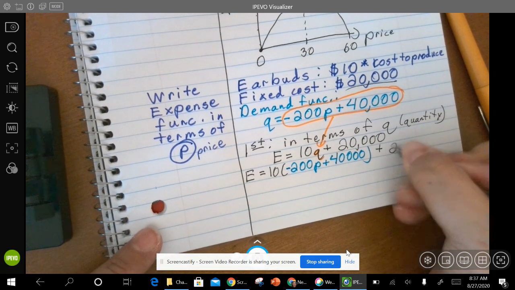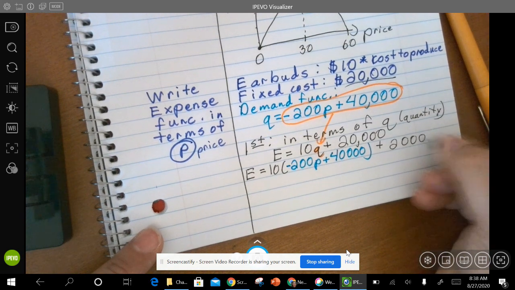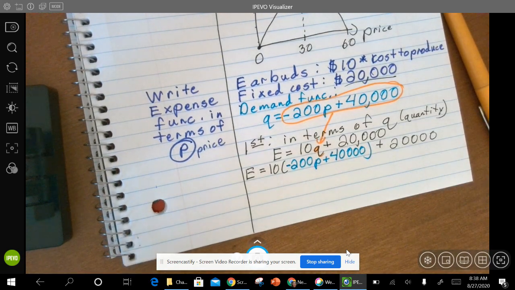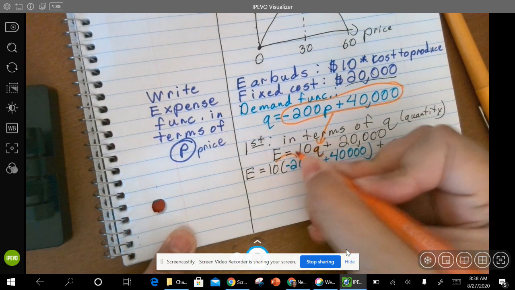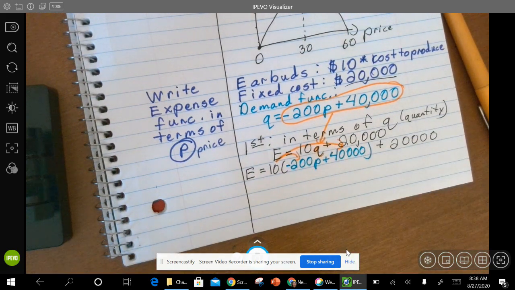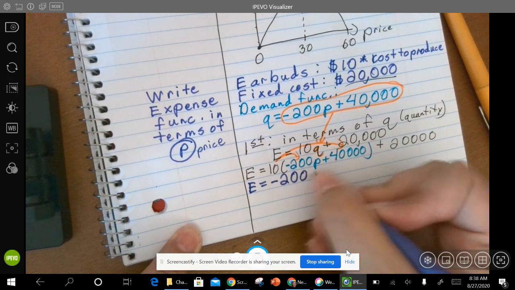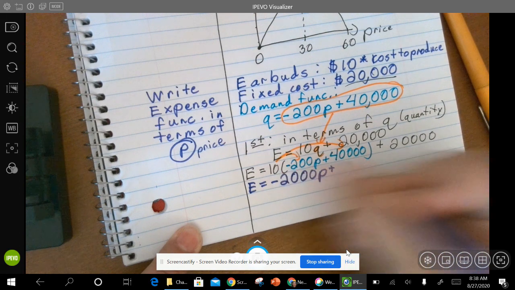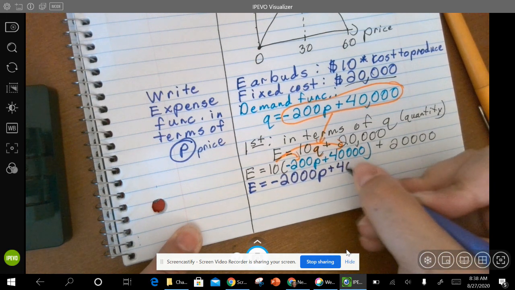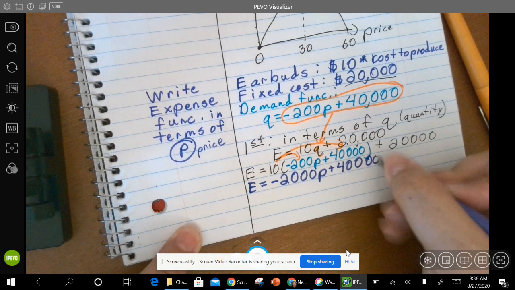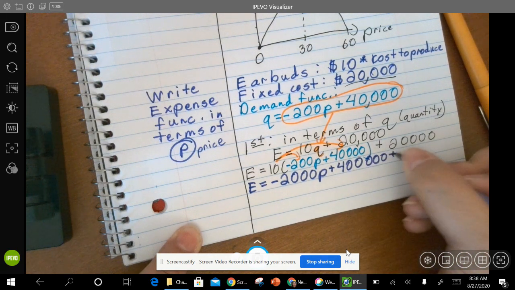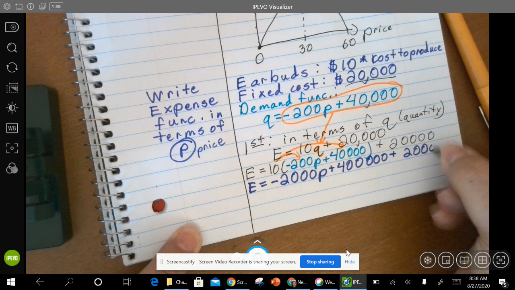Plus the 20,000. And then we're going to take and do our distributive property again. So 10 times negative 200p and 10 times 40,000. I'm going to put it all together. So it's going to be negative 2,000p, and 10 times 40,000 gives us 400,000, plus the 20,000.